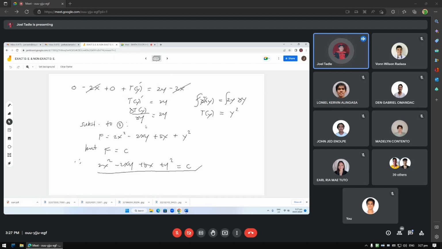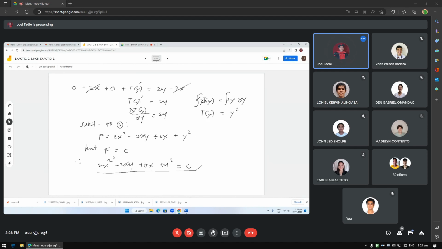If we cross multiply the partial derivative of y and then integrate both sides, we can determine the value of our constant t of y, which is equal to y squared. We substitute this into our equation number 3. So our f is equal to 2x squared minus 2xy plus 5x plus y squared.